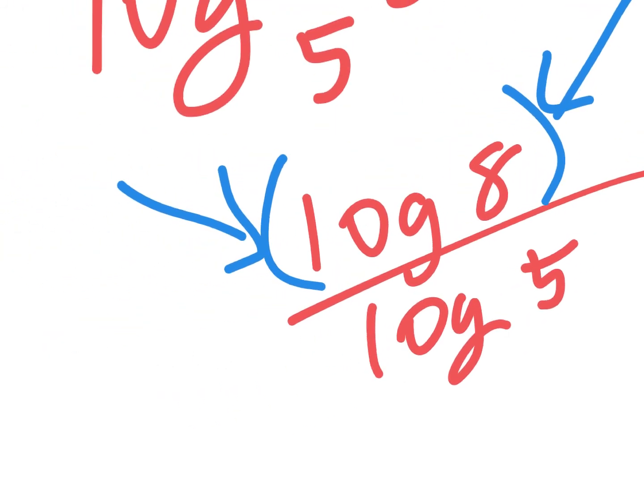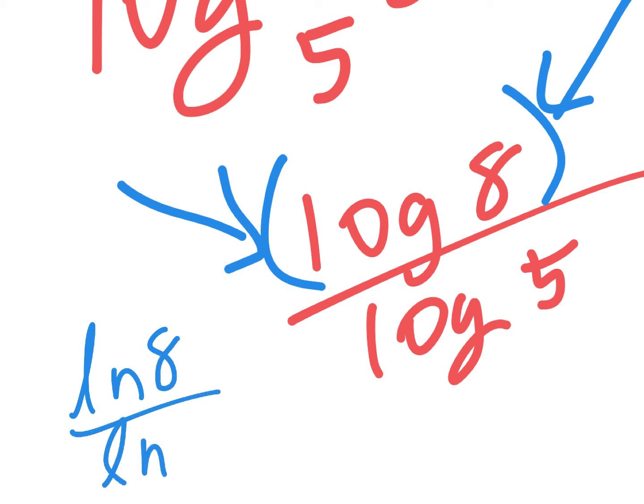Everybody just try this: ln 8 over ln 5. And weirdly, it'll still work. Now, if you're using the iPad, do you have an ln? You do have an ln button. Did you still get 1.29, blah, blah, blah?